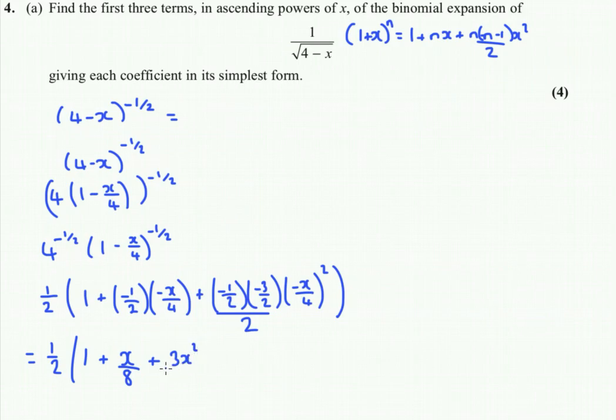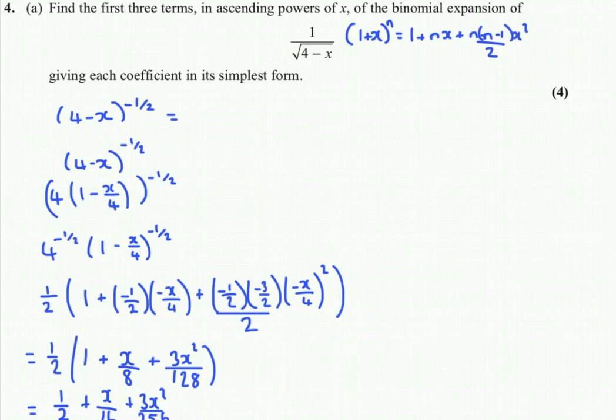And then we're dividing by 2 times 4 squared, so that's 16 times 8, and 16 8s are 128. And then the last step is to multiply the half in. So we're going to get half plus x over 16 plus 3x squared divided by 256.